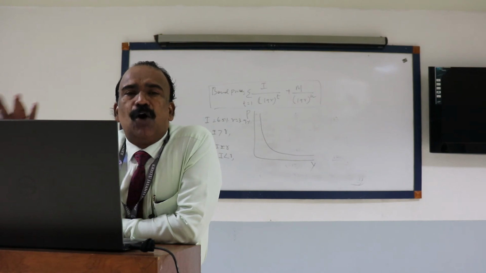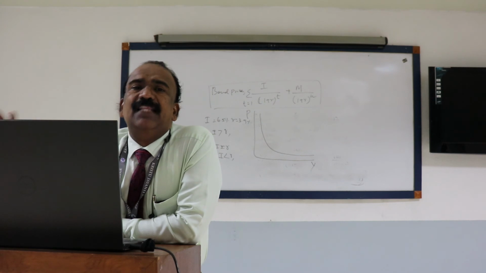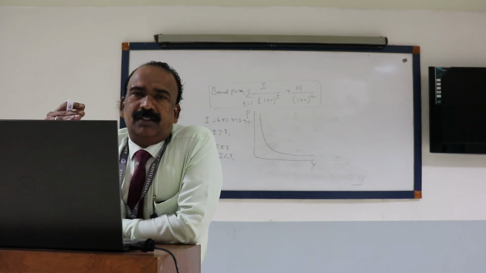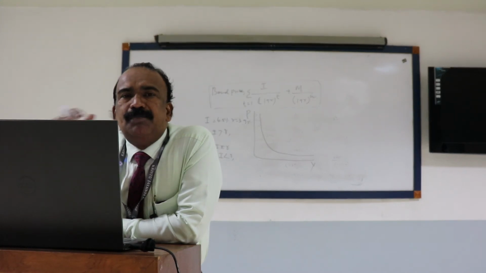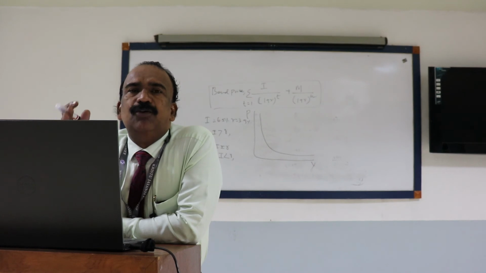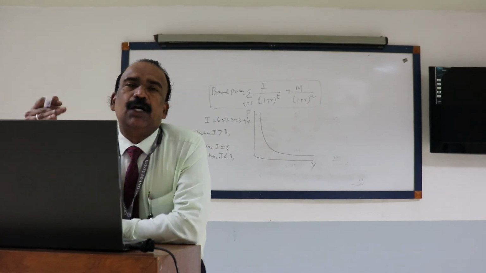Because the value of the bond is greater than the face value of the bond. The second category is called par bonds, where the face value is equivalent to the value of the bond. The third category we call discount bonds.